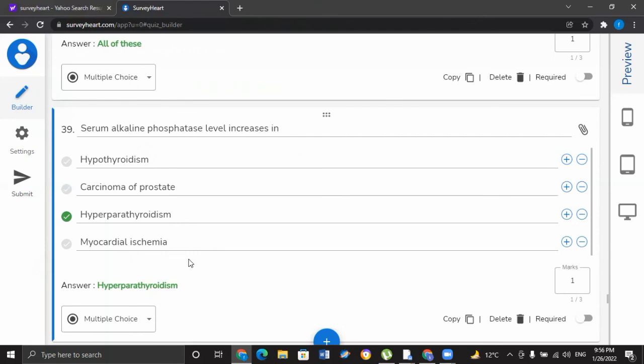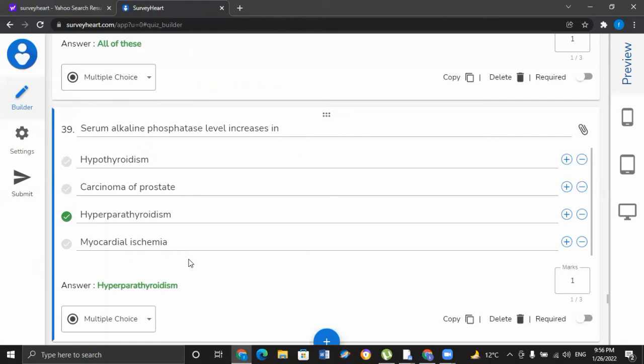ठीक है. और पैराथायरॉयड ग्लैंड जो है आपका पैराथायरॉयड हार्मोन रिलीज करता है, and it is responsible for maintaining blood calcium level. ठीक है. अगर आपका ब्लड का कैल्शियम लेवल कम है तो पैराथायरॉयड ग्लैंड जो है पैराथायरॉयड हार्मोन रिलीज करेगा, and it is responsible for maintaining of blood calcium level.